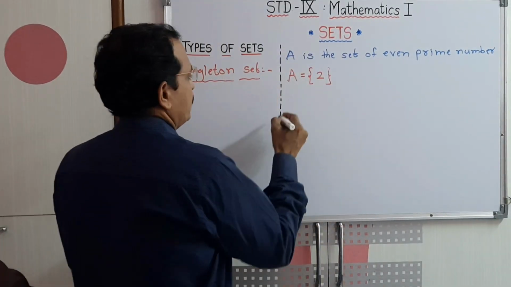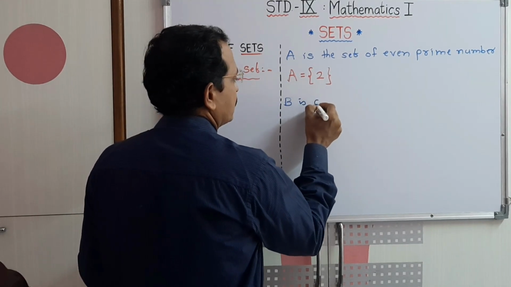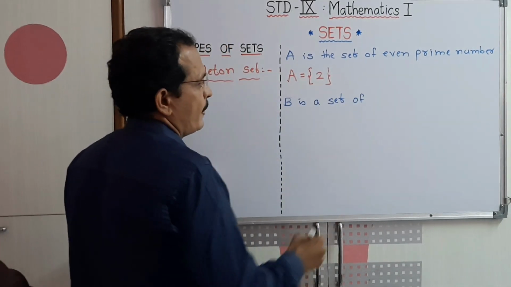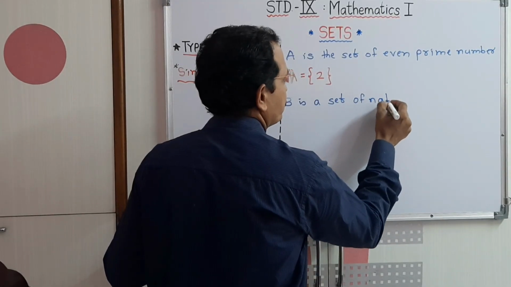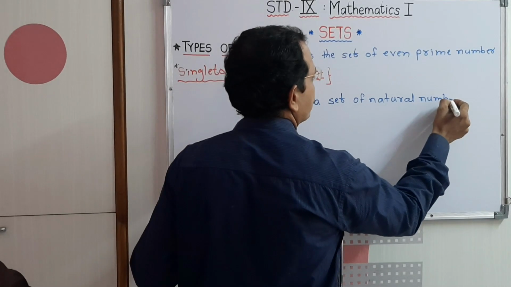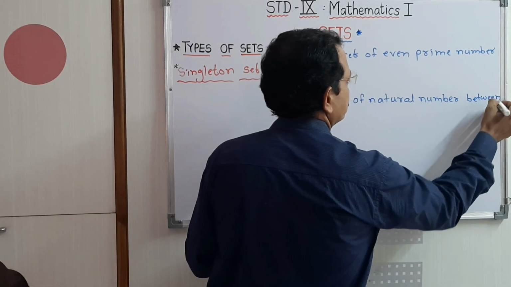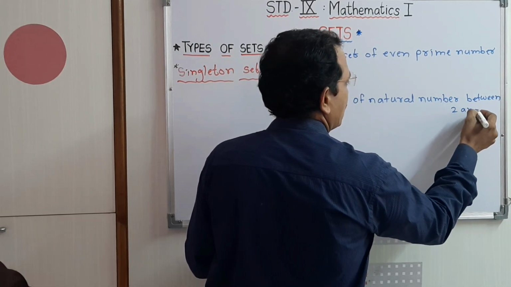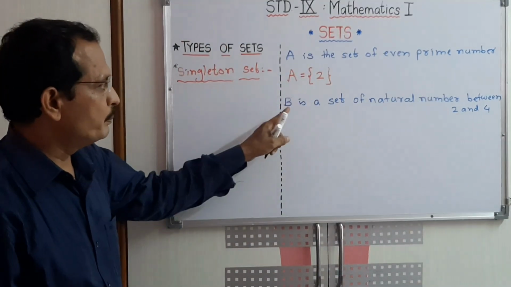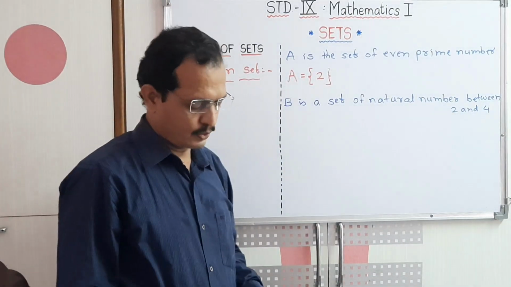Suppose I write here B is a set of natural numbers between 2 and 4.